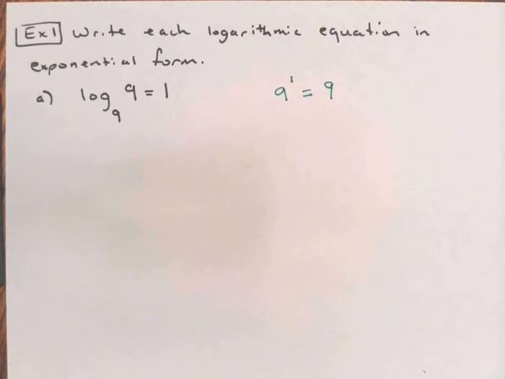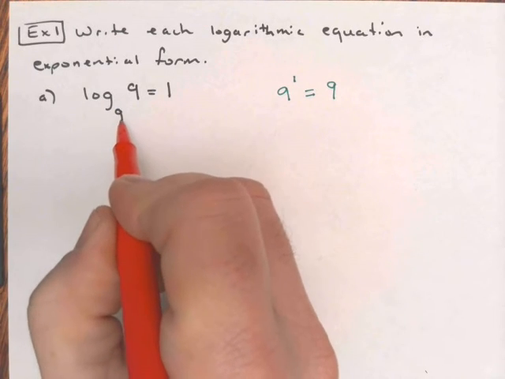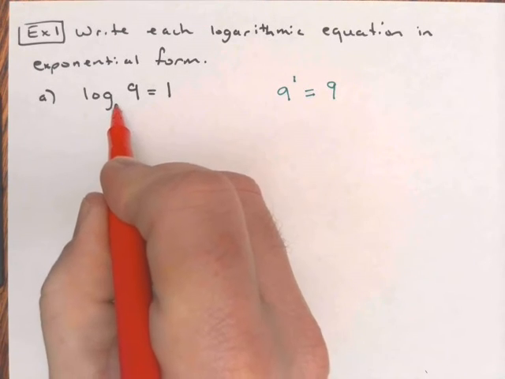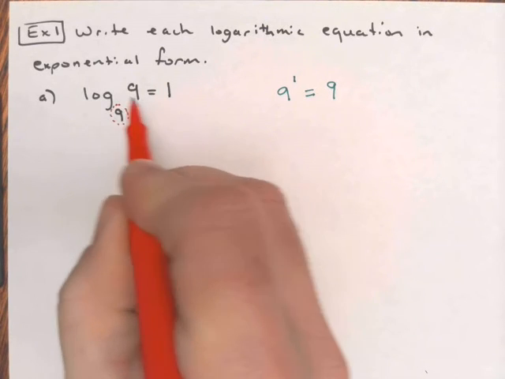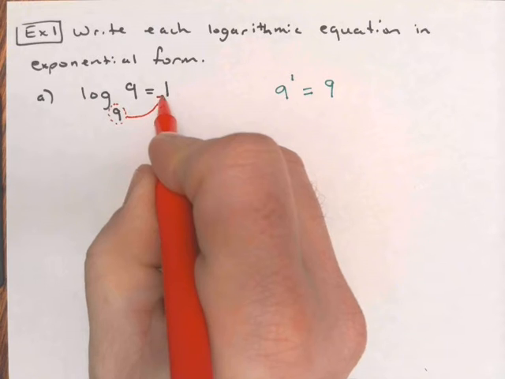One way that you can think of this that's a little easier is this. You take your number 9 here, which is the base of the log, and you swing that over to the other side.